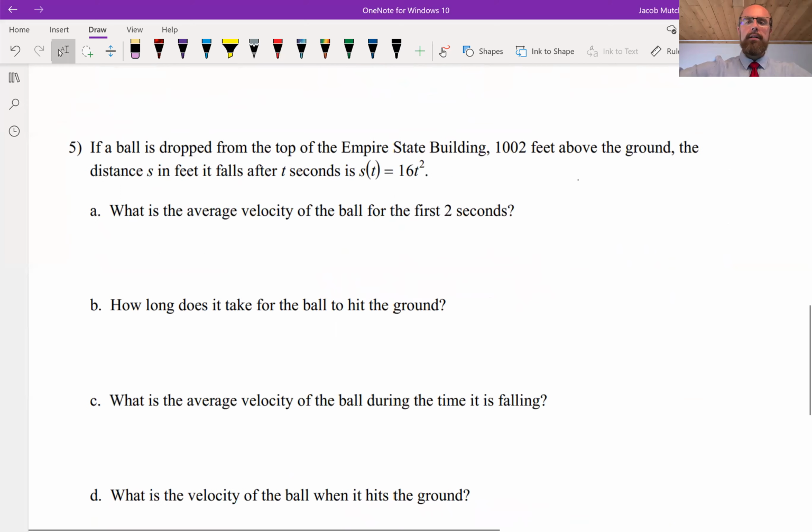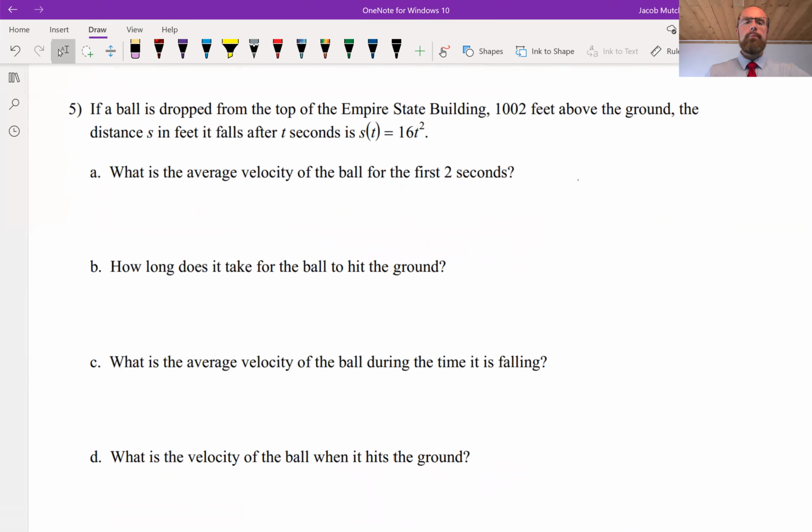Well, let's take a look at the scenario. So we've already read the beginning of it there. We have this ball dropping from 1,200 feet and it's falling to the ground. The distance it's fallen is given by the function s of t equals 16t squared. And our first question here in part A is, what is the average velocity of the ball for the first 2 seconds? So I'm going to underline average velocity.